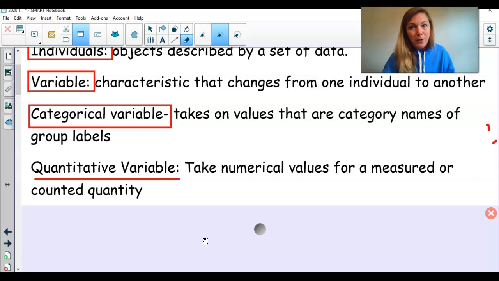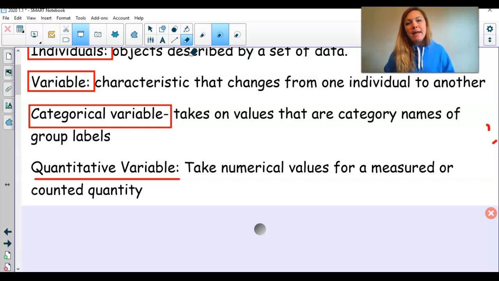Now here's the catch. Your zip code, 55427, that is not a quantitative variable. Why not? We don't measure that or count that. That's actually a categorical variable. Now here's another hint with a quantitative variable: it makes sense to average them. I can find out the average number of siblings we have as a stats classroom.